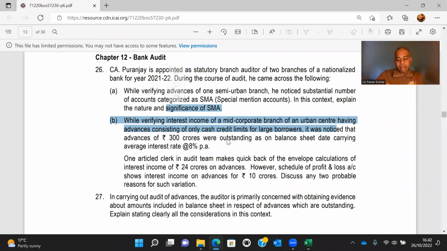Balance sheet date is 31st March. So towards the balance sheet date, if any loan is given, do you think you will collect interest for the full year? No, that is one reason. So they are asking you 2 reasons why the interest income recognized in books is less than 24 crores.